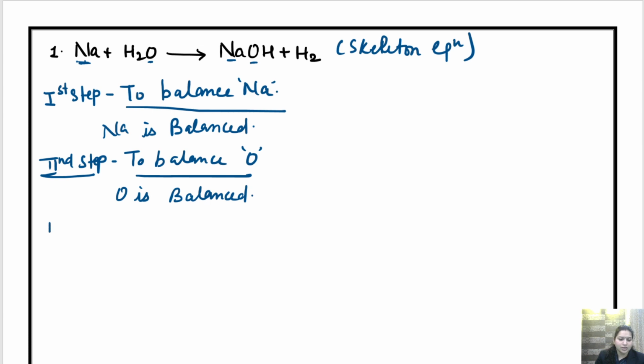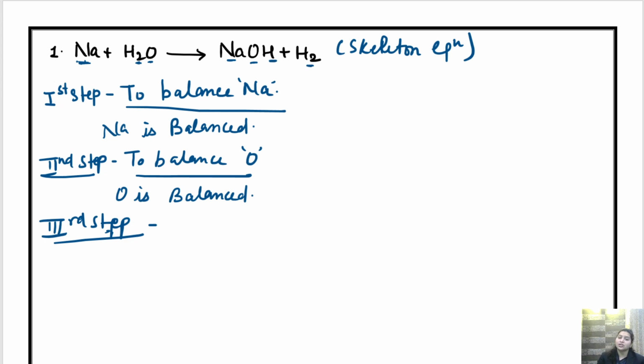All right, now coming on to the third step, hydrogen. So see how many hydrogen we have in LHS. We have 2 hydrogen, but in RHS we have 2 hydrogen here and 1 hydrogen here.